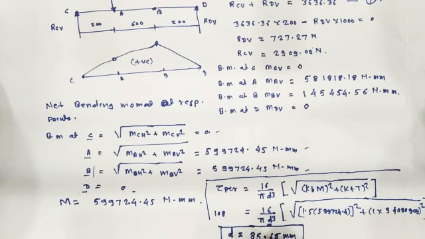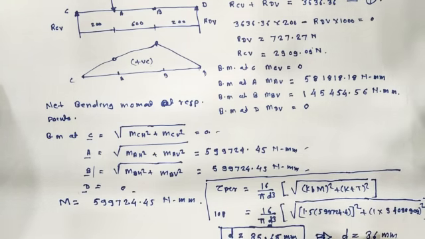This is the final answer, and we round it up to the next integer value. So D is equal to 36 mm. Here this is our final answer for this problem: D is equal to 36 mm.